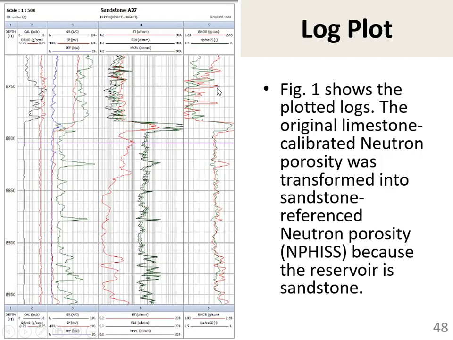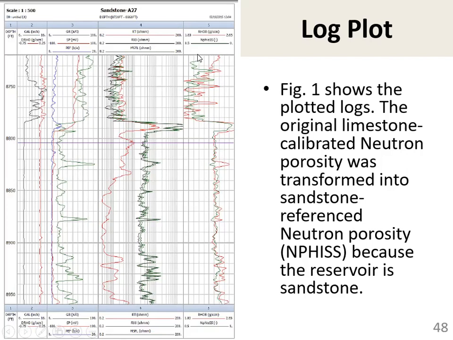Then in track 5 here, you have the porosity measurements. I think the red is the density measurement, while green is the neutron porosity. Yeah, okay. Didn't even realize that the headers are repeated here. It's important, well, I'll talk about the scales.